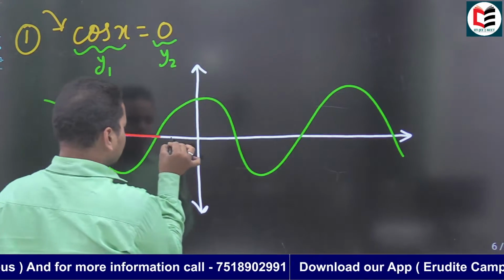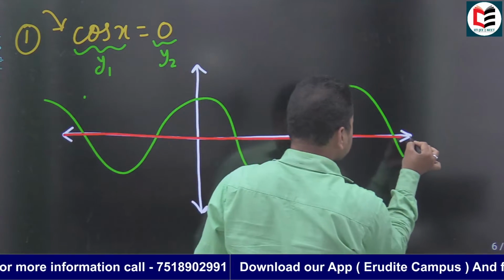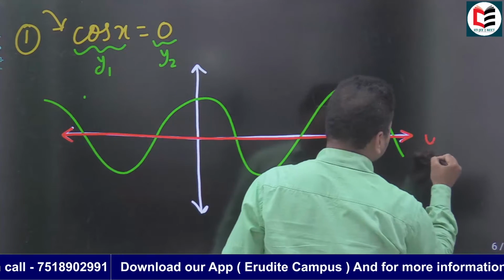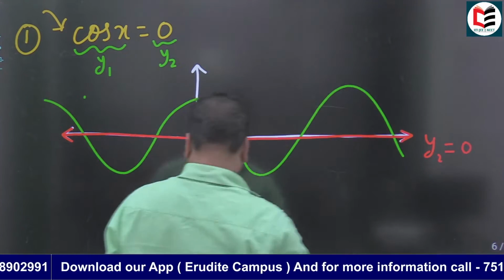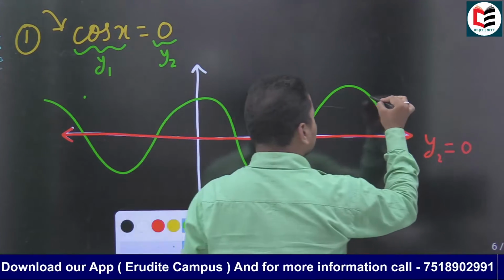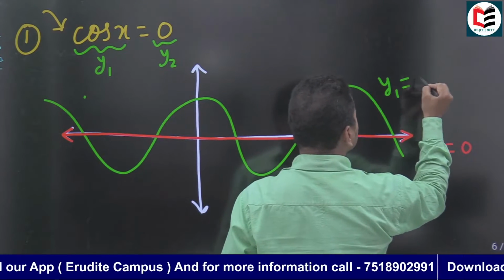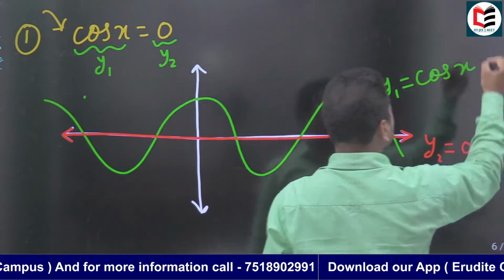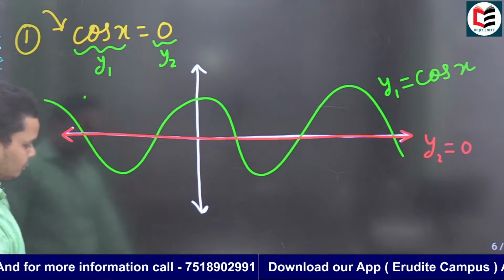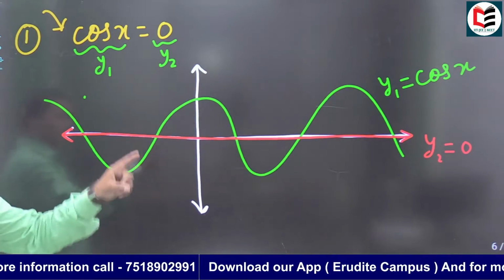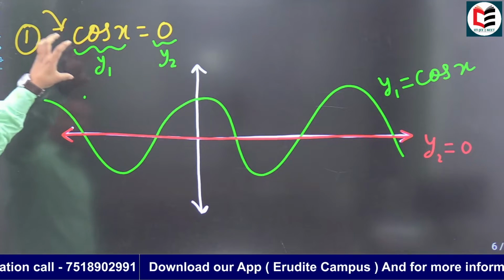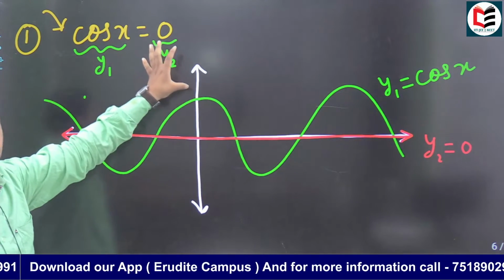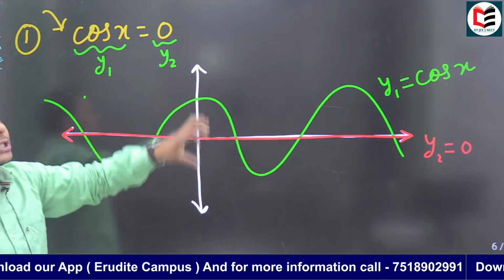Here is your y2, which is equal to 0, and the green part of the graph is y1 equal to cos x. As I have already told you, we want the set of values where y1 and y2 are equal.